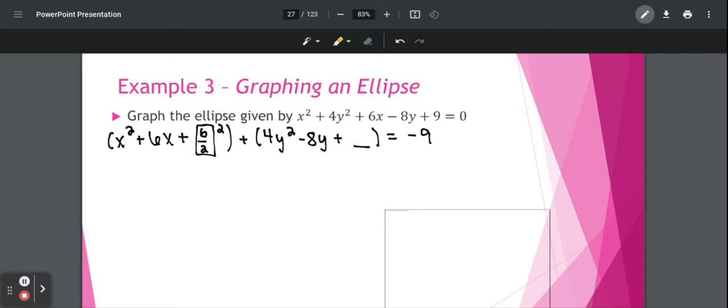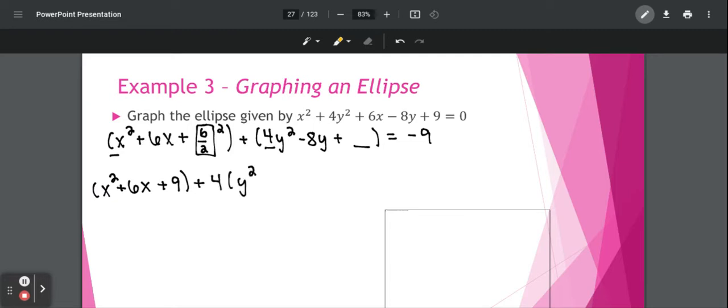So our x is set up since the leading coefficient is 1. So here we can say x squared plus 6x plus b over 2, so 6 halves squared, so plus 9. But what we have to do with the 4y is we actually have to factor out the 4, so that way our y has a 1.